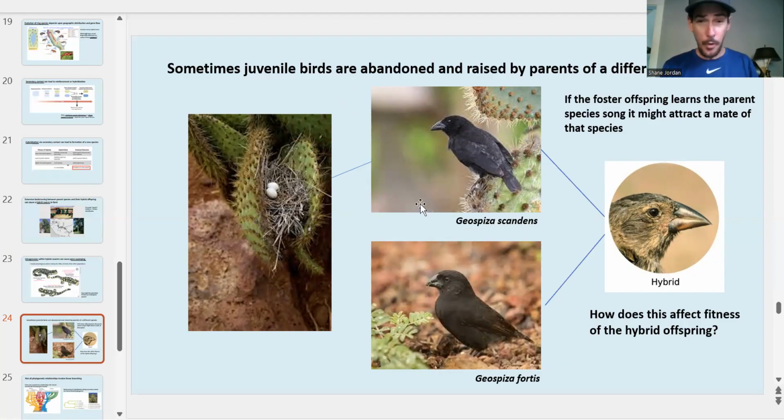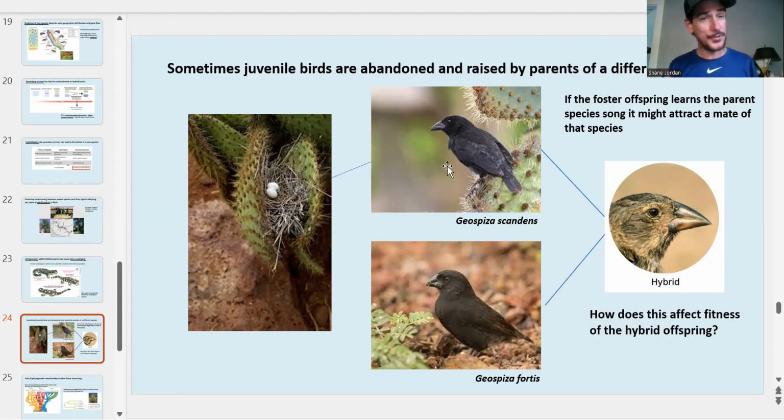As I mentioned before, these birds, which are passerine songbirds, use song to attract their mates. The male birds are the ones doing the singing, and the male birds learn their songs from their fathers. So if this foster offspring learns the song of a parent species that's a different species, then it might attract a mate of that species and not a mate of its own species.